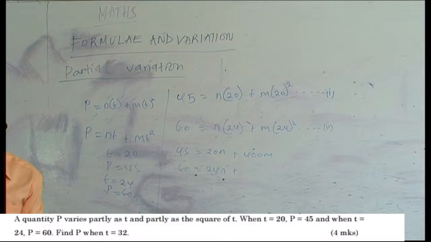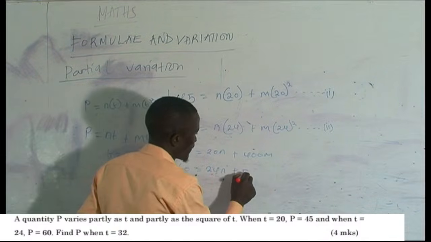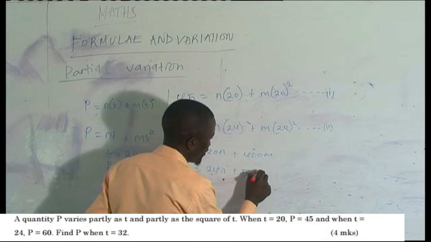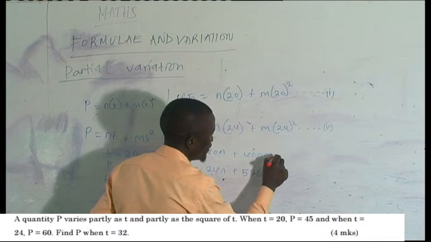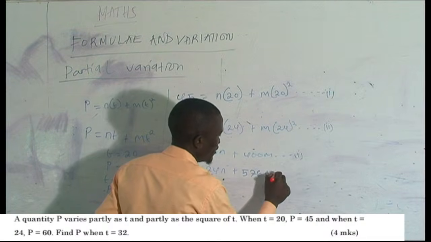You can type your answer there. 24 squared, we get 576m. This is equation 1. This is equation 2.